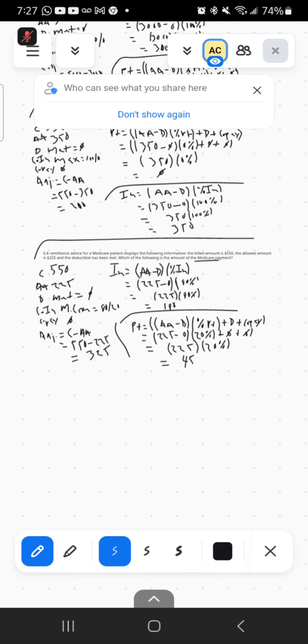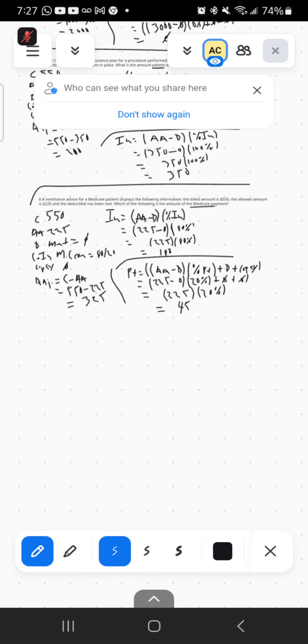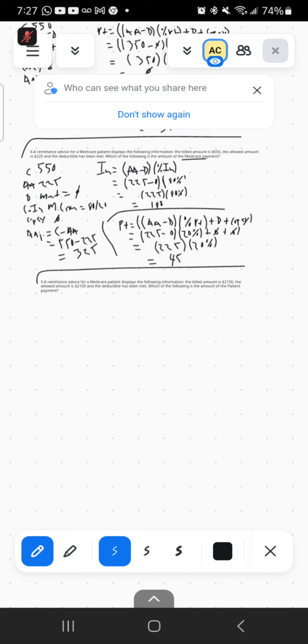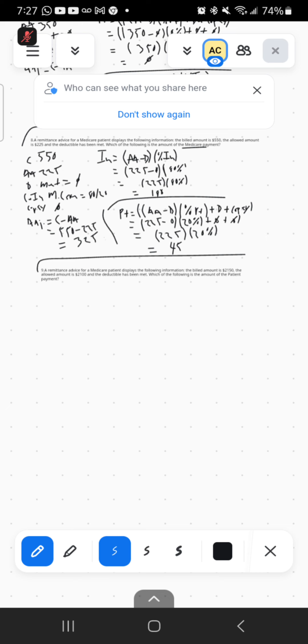Number 9. So for number 9, you put charges, amount, deductible, co-insurance, and adjustment.